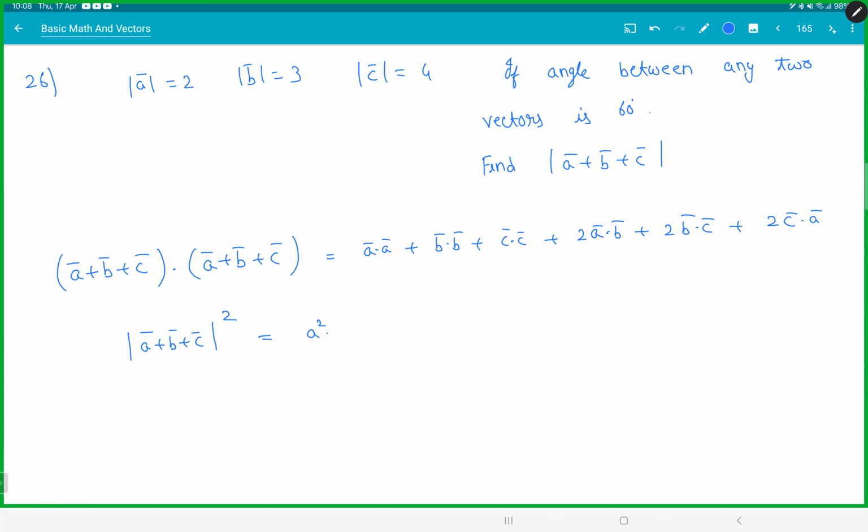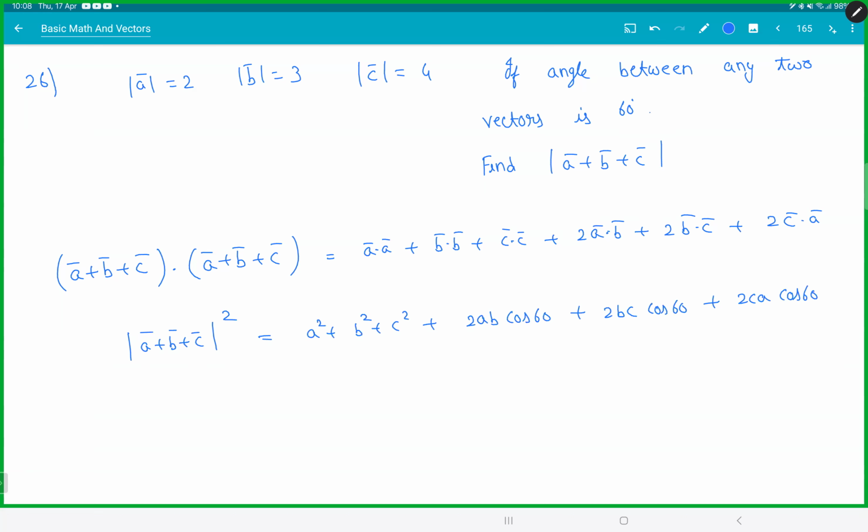A dot A is A square plus B square plus C square plus 2AB cos 60, that is the angle between them, 2BC cos 60, 2CA cos 60.